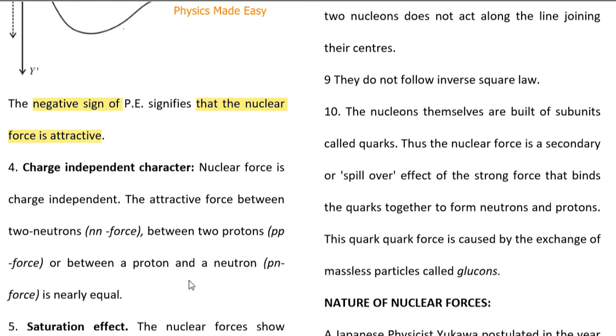Charge independent. Nuclear forces are charge independent, means there will be nuclear force between two neutrons. Now neutron has got nil charge. Nuclear forces between two neutrons, and then in two protons, and then in neutron proton pair.